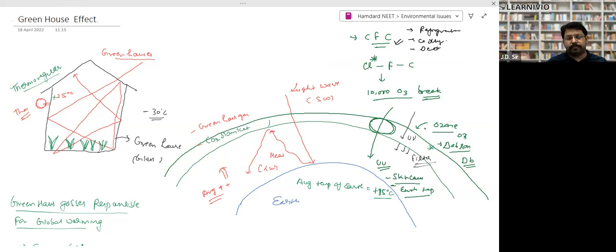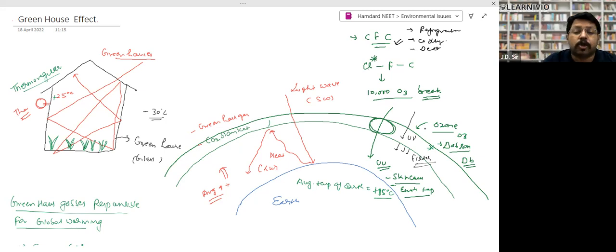Full stop. In CFC, the chlorine molecule is highly energetic and reactive. Full stop.